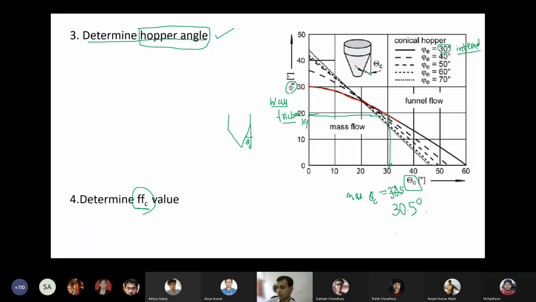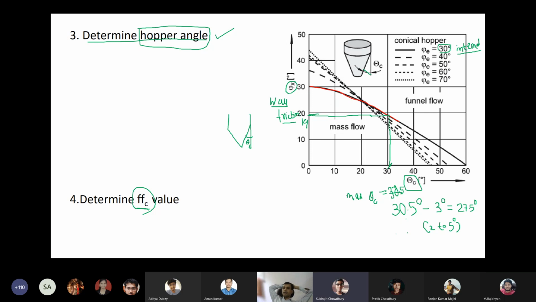To find the exact value, this has to be reduced by 3 degrees. The range is 2 to 5 degrees that we subtract to get a factor of safety value. Often they subtract 3 degrees. So we get the conical hopper angle as 27.5 degrees. Do you understand now?